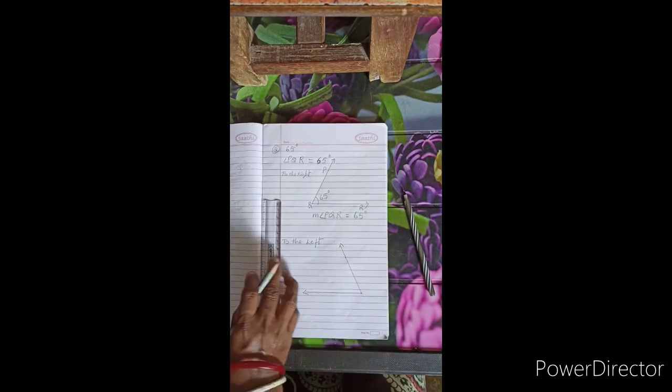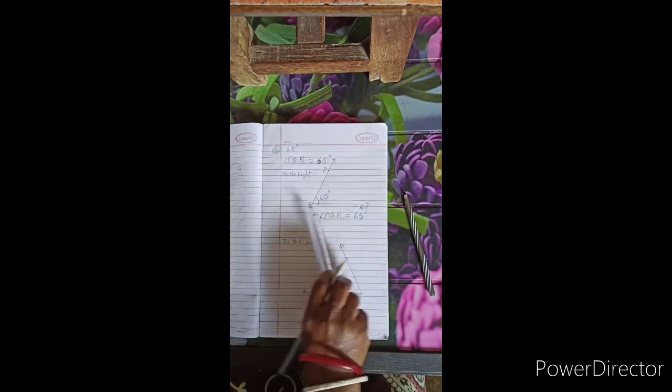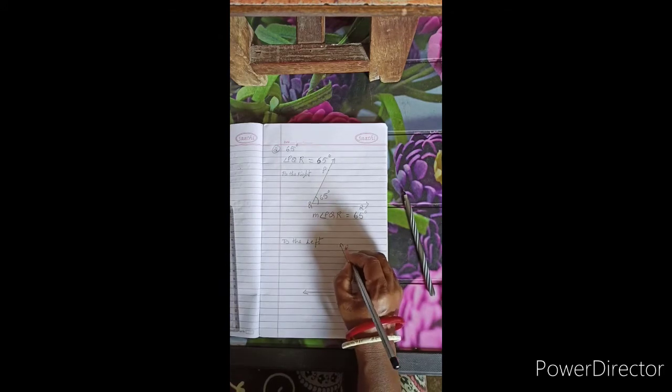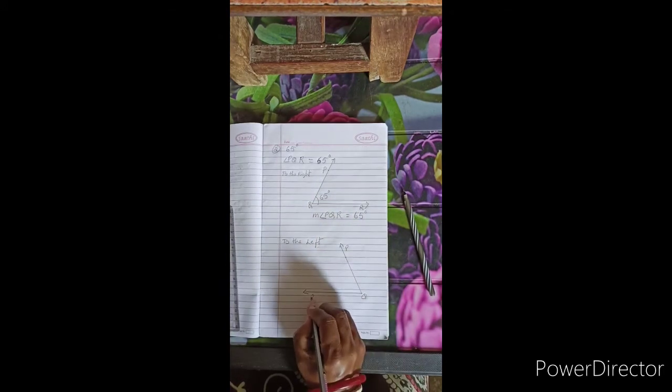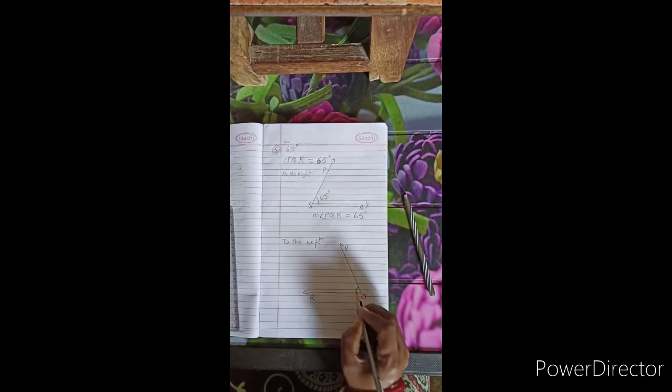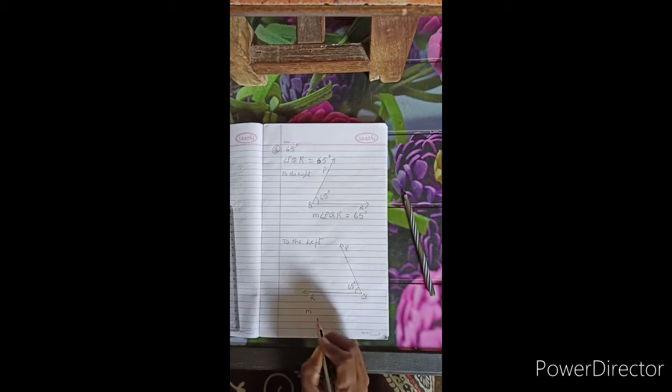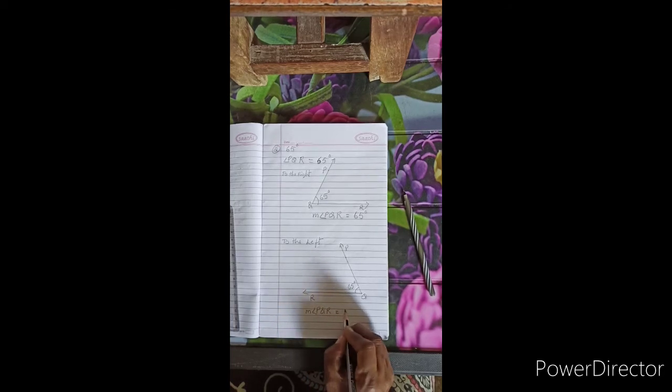So we have got now this angle as PQR, and its measure is 65 degree. So you can write, measure of angle PQR is equal to 65 degree.